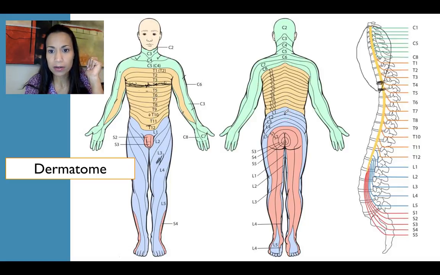Usually it's in here, L2, L1. You go to the epidural space, or usually a little bit higher to make sure, but usually it's at L1 to L2.